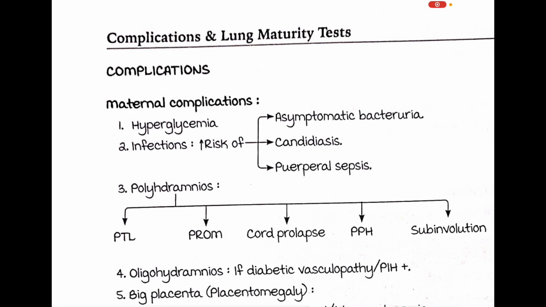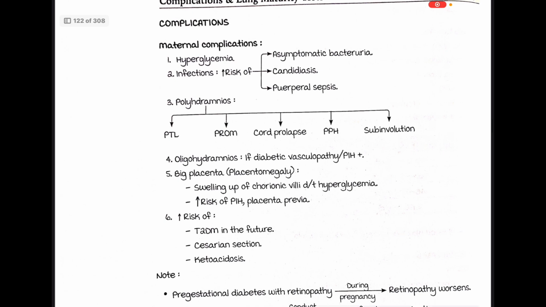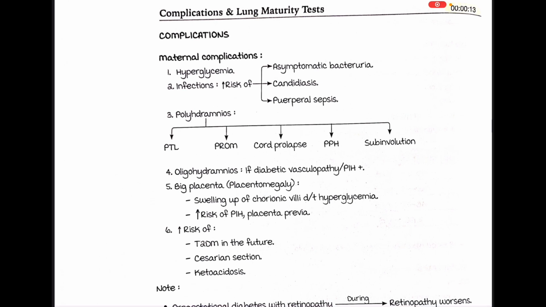Complications and lung maturity tests. Maternal complications: hyperglycemia, infections, polyhydramnios, oligohydramnios, big placenta, risk of type 2 diabetes mellitus in future, C-section, ketoacidosis.